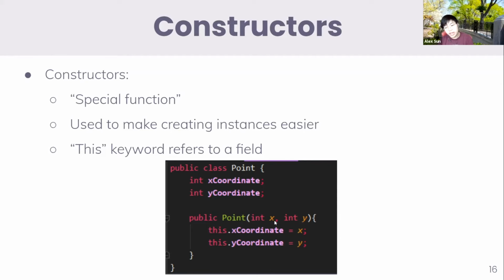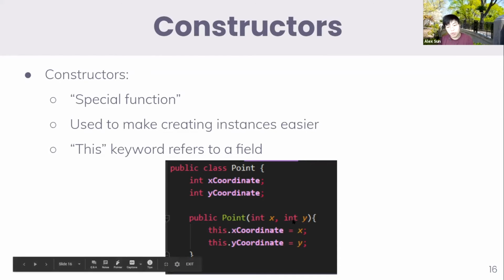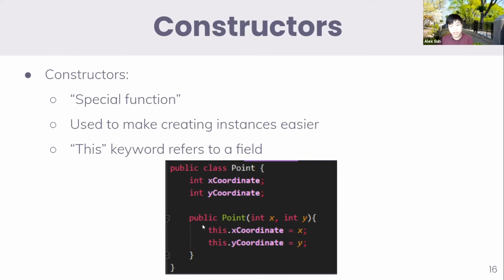So you have an input x and input y, because in this case, we want to set the x and the y. And once we get the two values of x and y, we set the x coordinate to the input x value and the y coordinate to the input y value. The reason you see the this keyword, which I'm sure you haven't really seen before, is that when you use this, it makes sure that the computer knows that you're referring to the one inside the class body, the instance variable here.